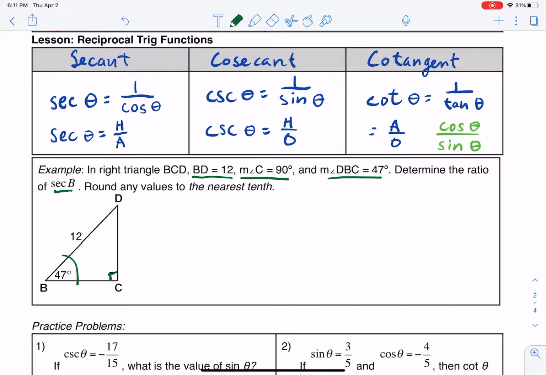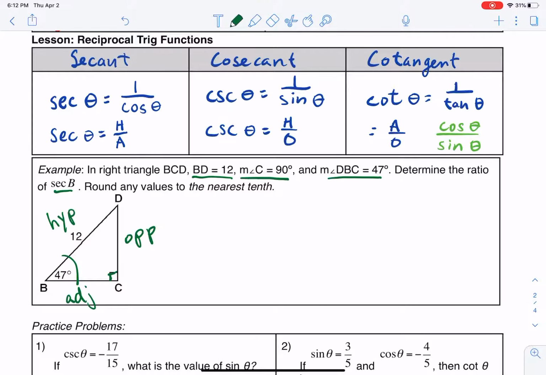All right, so let's take a look at how we would set this problem up. Go ahead and label the sides of my triangle. This would be opposite. This is adjacent. And this is hypotenuse. All right, so we need to determine the ratio of secant of B given the information that we have.